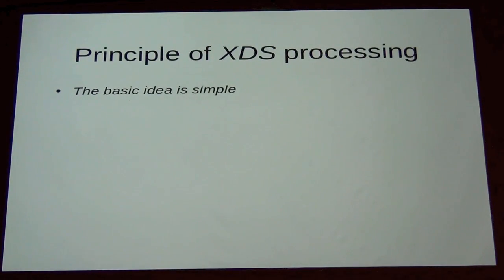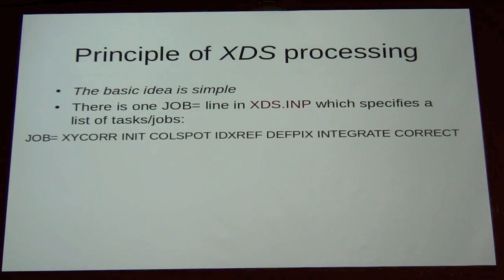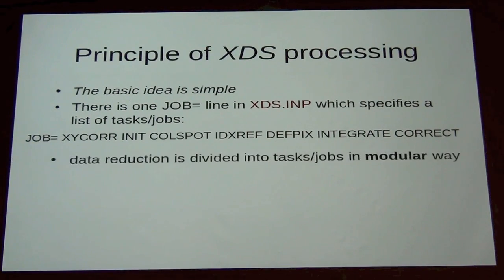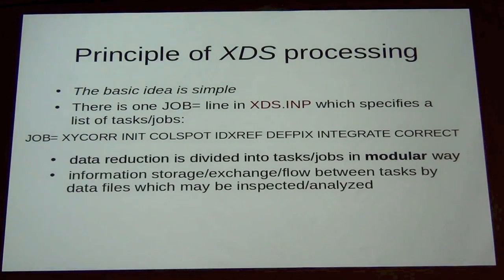So the principle of using XDS is fairly simple to understand. There's one job line, this keyword is JOB, and it has 7 parameters, and they represent the 7 stages of data processing. I'll explain in a second what they do.